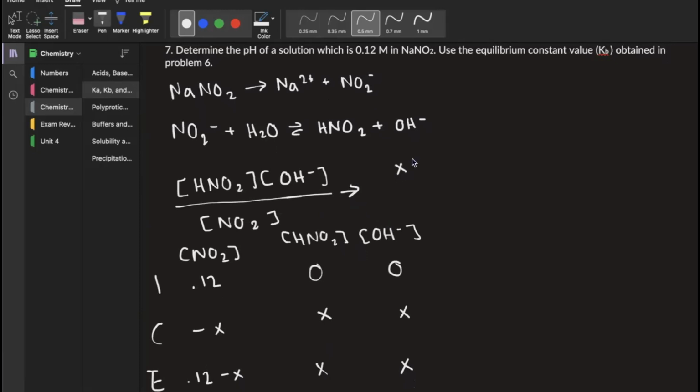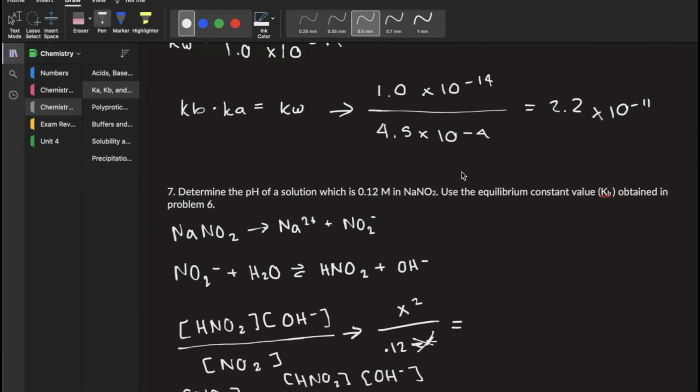So it's going to be X squared over 0.12 minus X. I'm going to exclude the X to avoid doing quadratic problems and equal it to the Kb obtained in problem 6, which is 2.2 times 10 to the negative 11th.